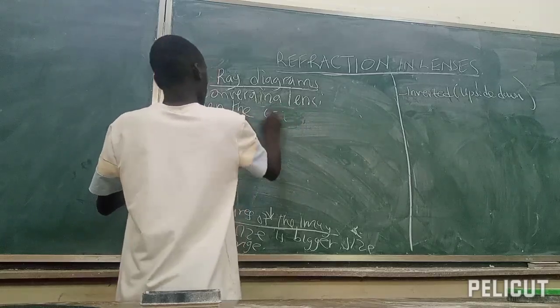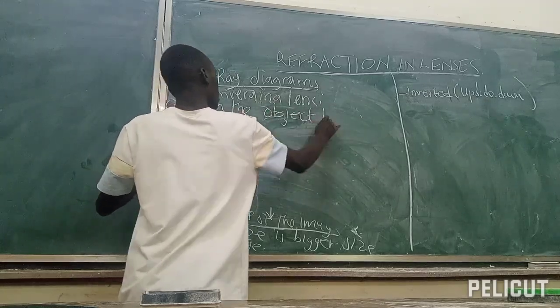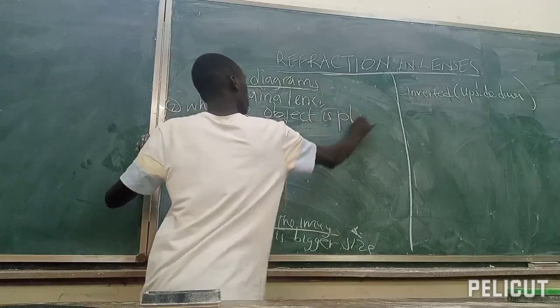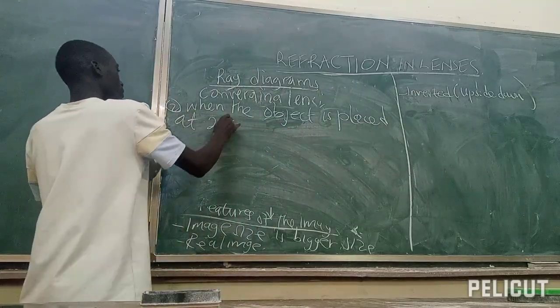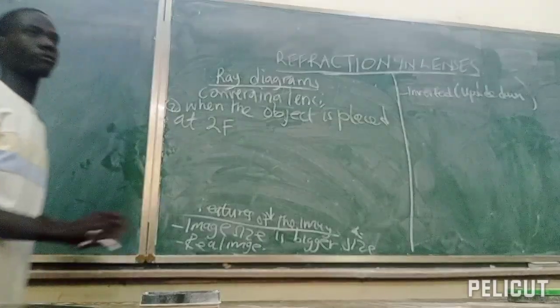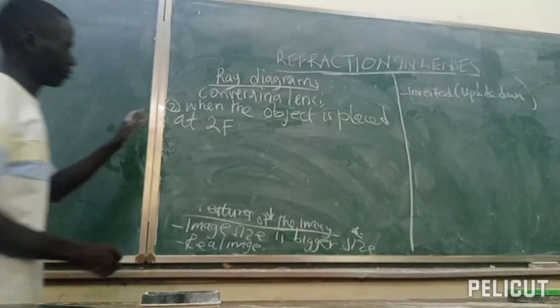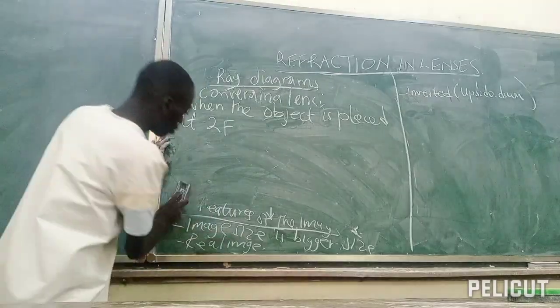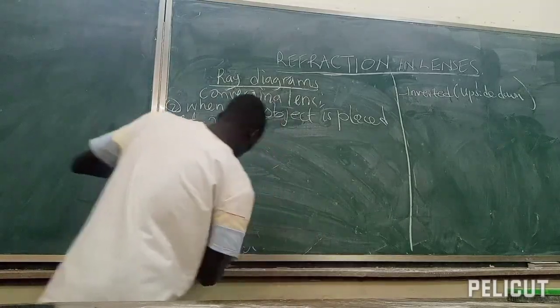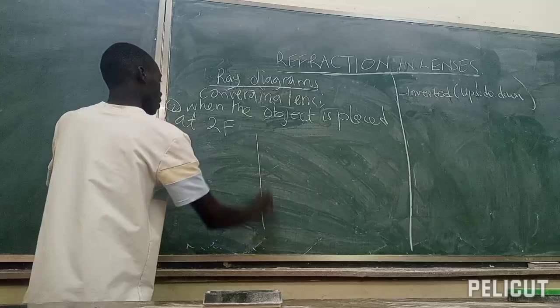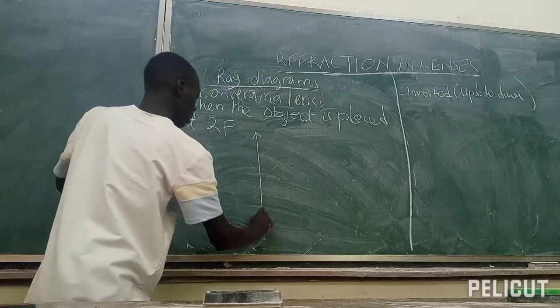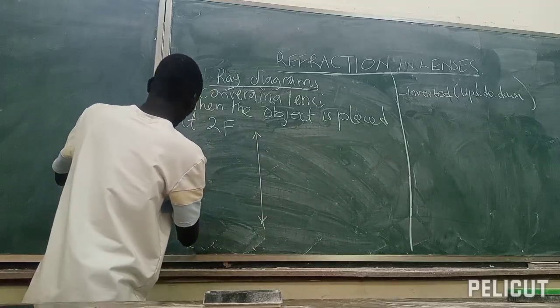When the object is placed at 2F. 2F means you're doubling F. One F, then another F. Okay? So we shall sketch the normal way, but the position of our object must be at 2F exactly. So we shall be sketching it like this, assuming this is our converging lens.